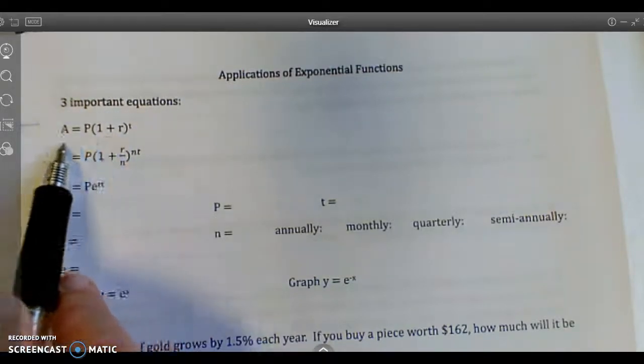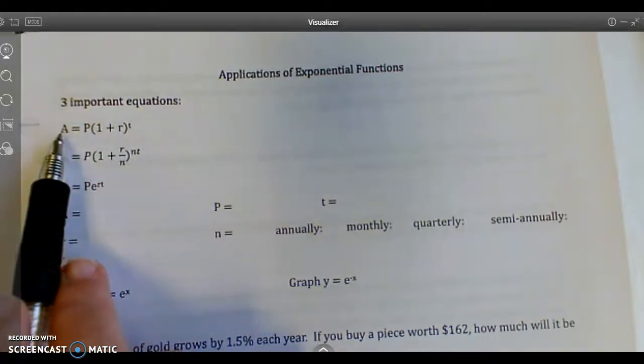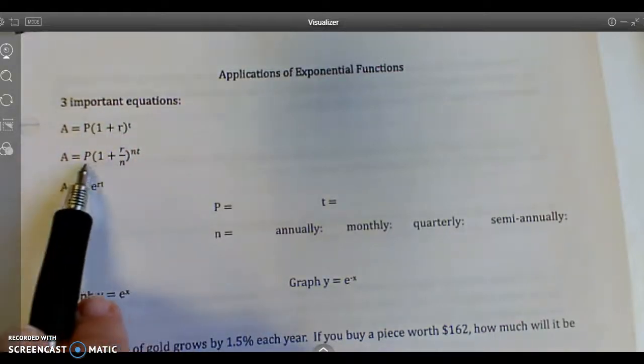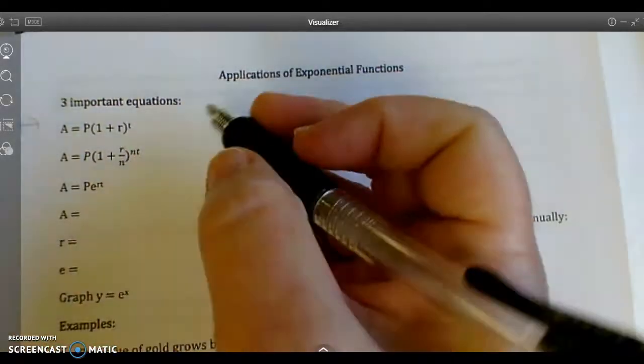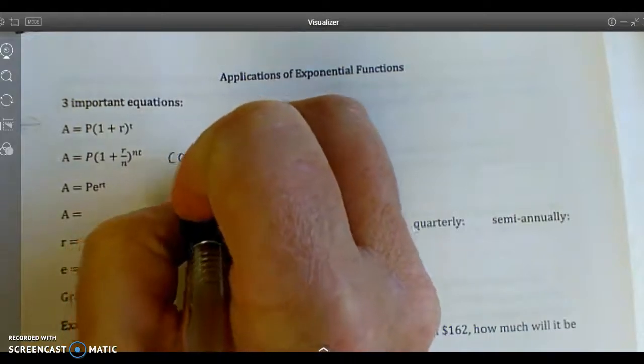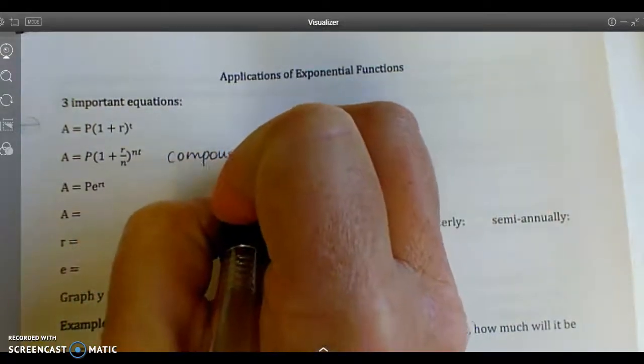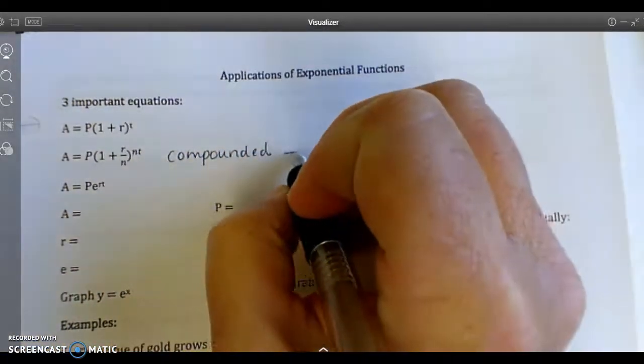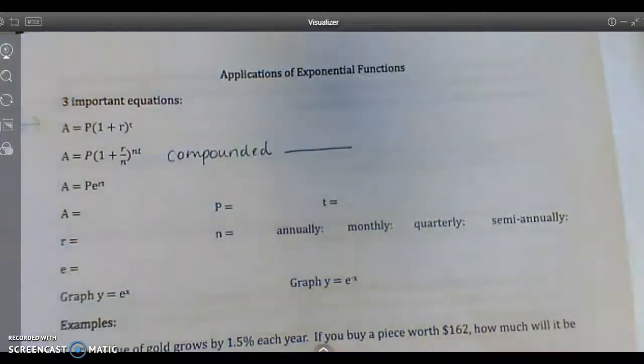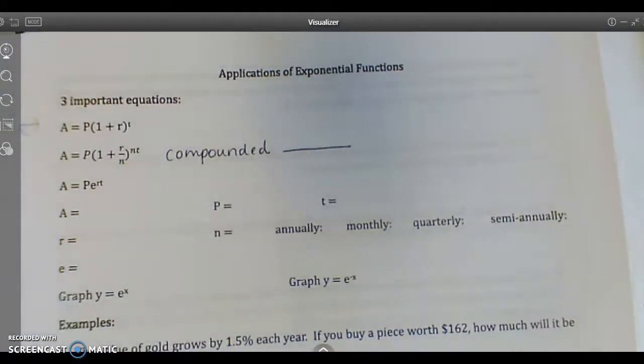This is the kind of problem that you're going to need. And we're going to have to talk about what each one of the letters mean. This situation is a time that the problem will tell you that something is compounded, and normally it will say like monthly or quarterly or something like that. Okay?